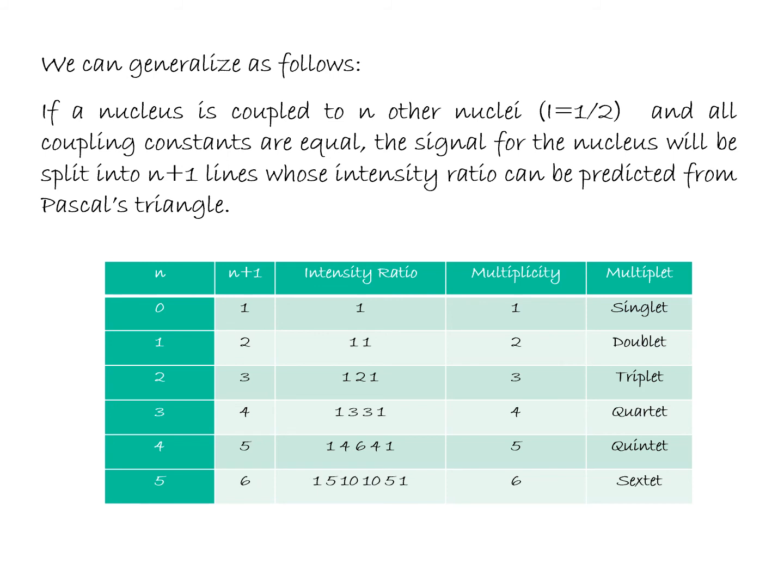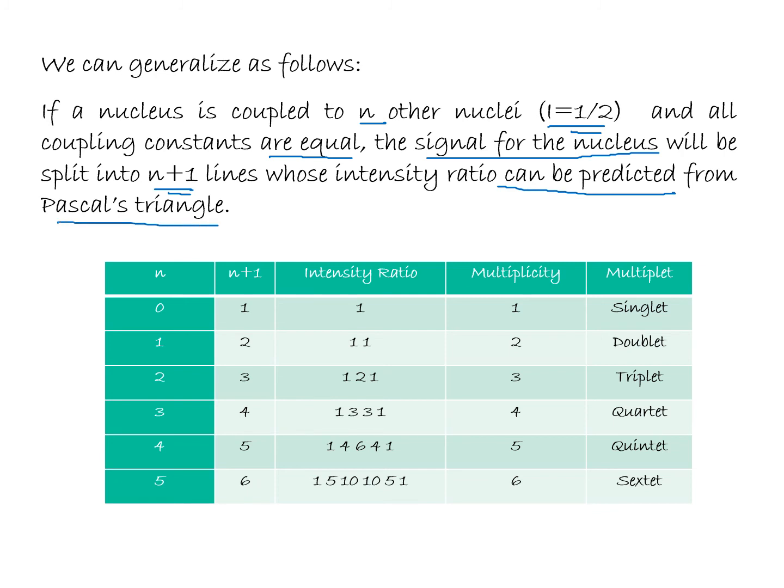If there is a simple way to summarize it: if a nucleus is coupled to another n nuclei with spin I equal to half, and all coupling constants are equal, the signal for the nucleus will be split into n plus 1 lines, whose intensity ratio can be predicted from Pascal's triangle. What is Pascal's triangle?